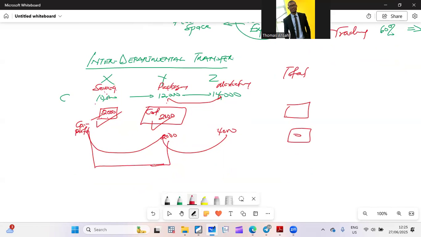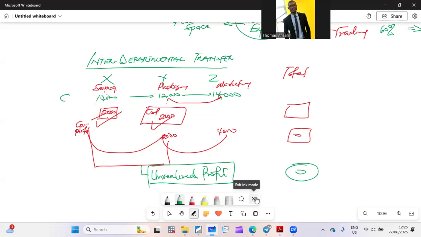So these profits that you see have a terminology. The profit that you see here is called unrealized profit. The transfer from one entity to another is called transfer pricing. But the profit on top of it is unrealized, because at the end of the day, everything is zero.